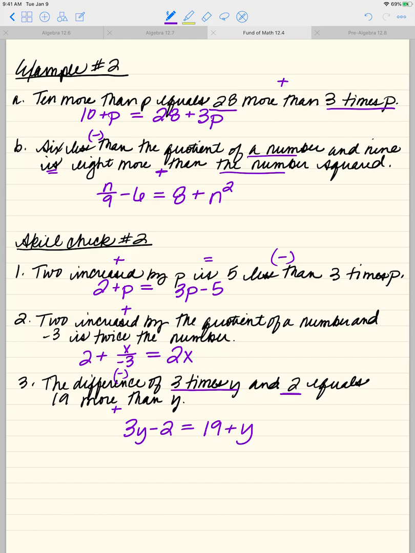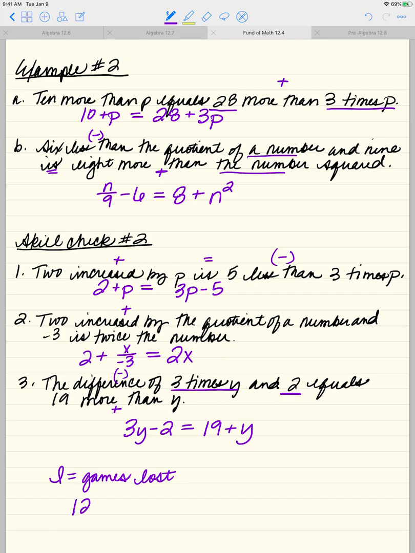So this is how I would tackle this problem. I would say L is equal to games lost. And how can I write an expression that will help me know how many games they lost? Well, they played 18 altogether, right? And they won 12.